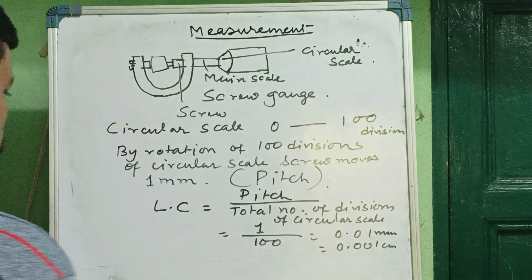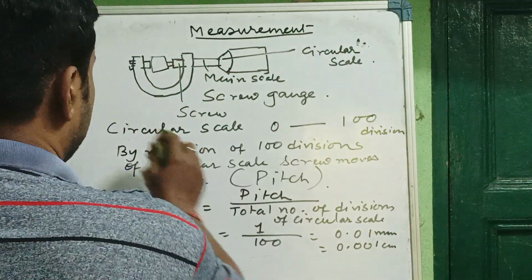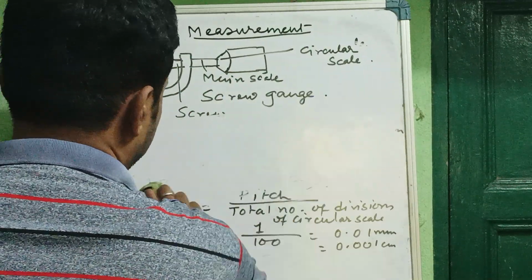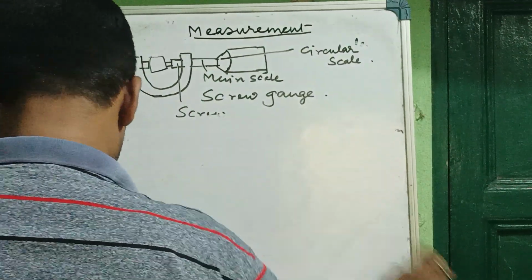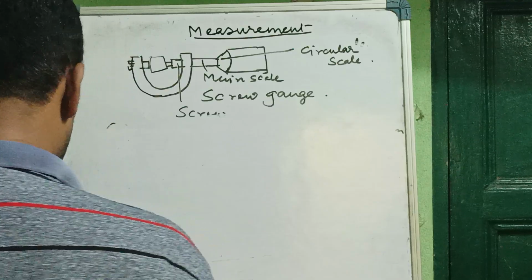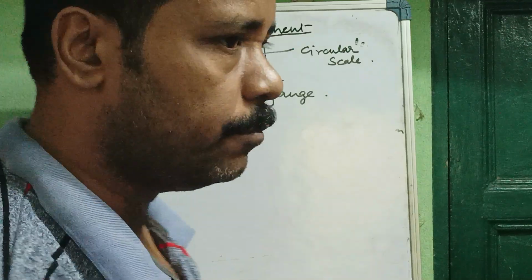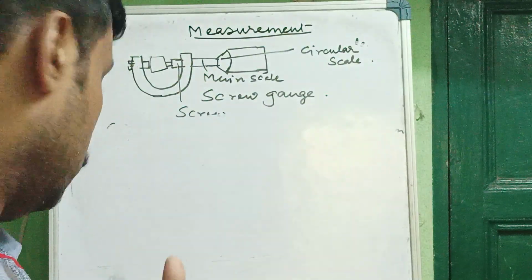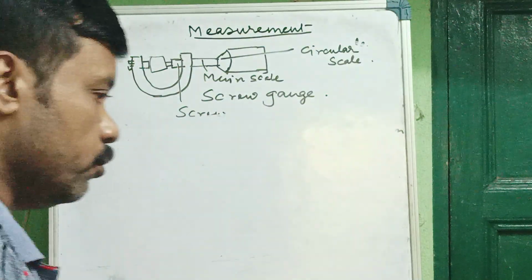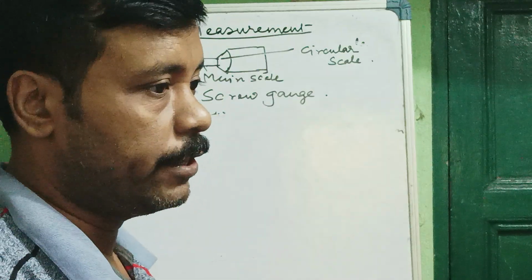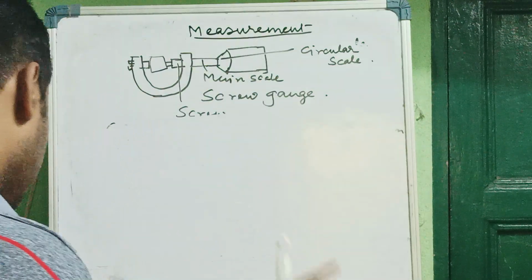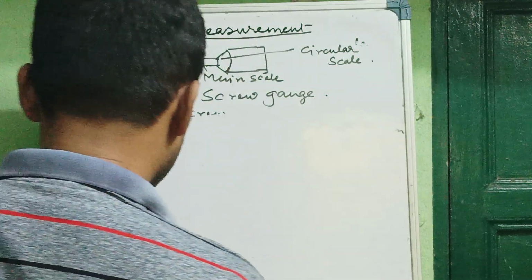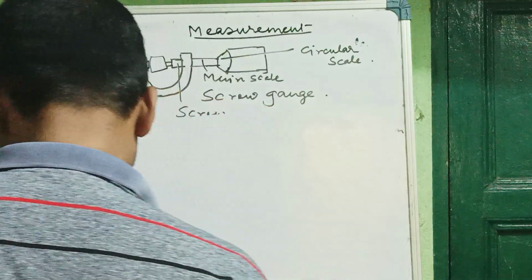The observed reading for both is the same in form, but the formula in the middle differs. For the Vernier, observed reading is main scale reading plus Vernier reading, and for the screw gauge, main scale reading plus circular scale reading.